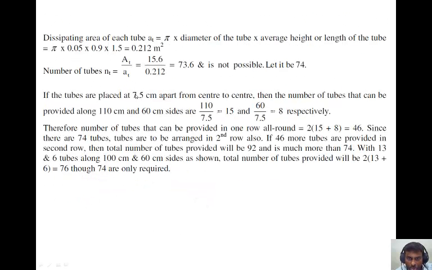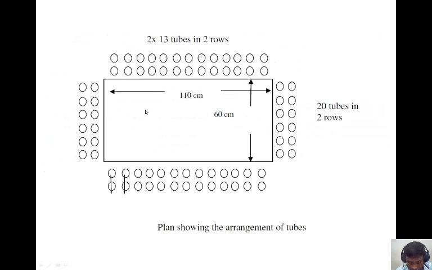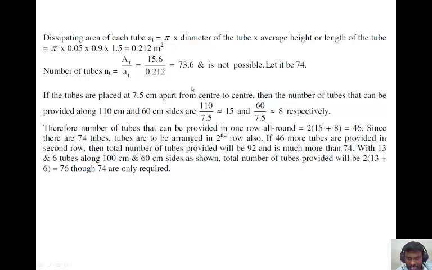Suppose you want to place them 5 centimeters apart, then that is also possible. It is not mandatory to fix 7.5 centimeters. You can use 5 centimeters or 8 centimeters as per your design wish. So we have 110 centimeter length and 60 centimeter width, and in that we need to fix these 74 tubes.